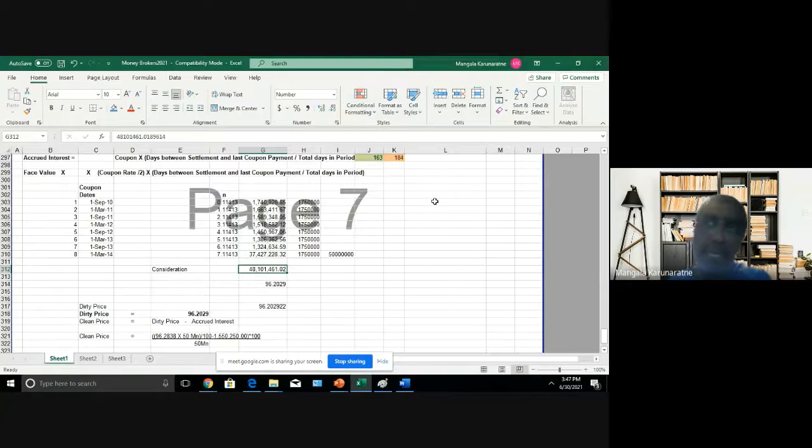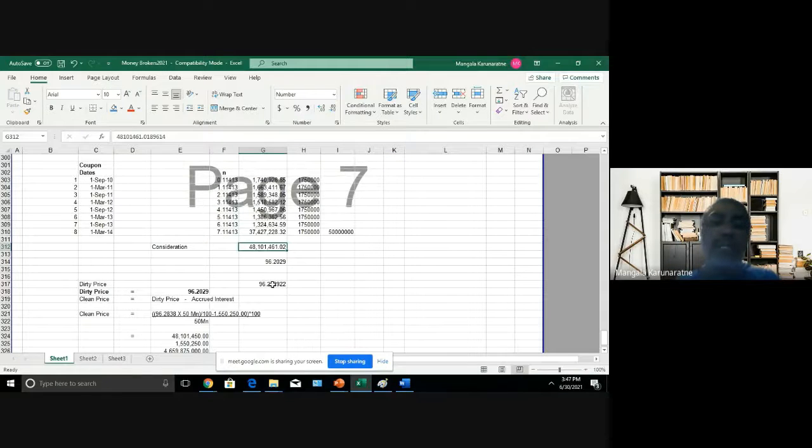There are formulas that do the entire thing together, but they are a bit complex. No need for such complex things, because we have this simple formula: PV equals FV divided by (1 plus R) to the power n, right? Then what you get here is the dirty price. Usually we quote the price to 4 decimals, so I have put 96.2029 as the dirty price.